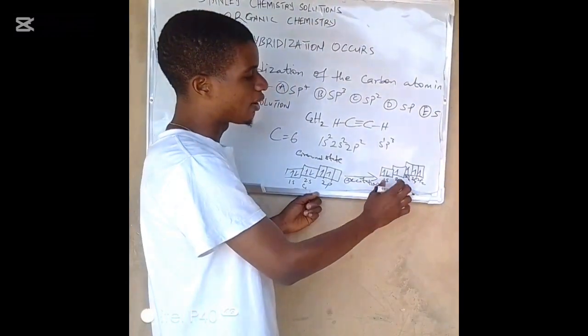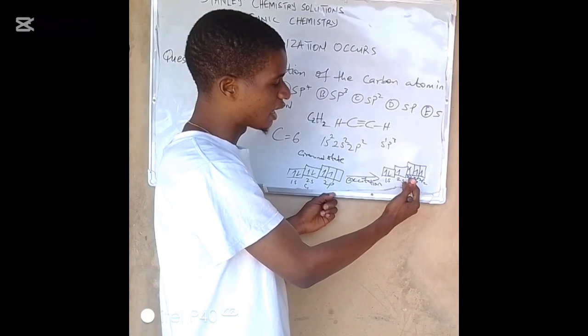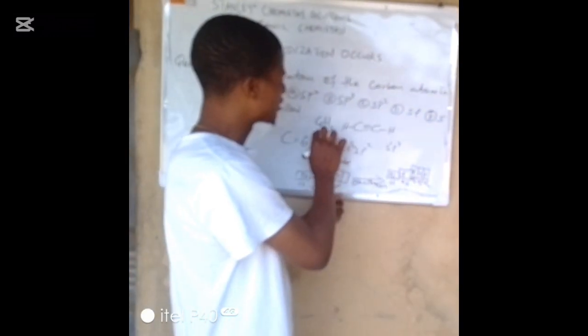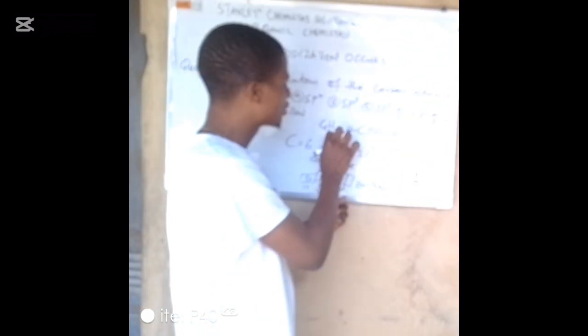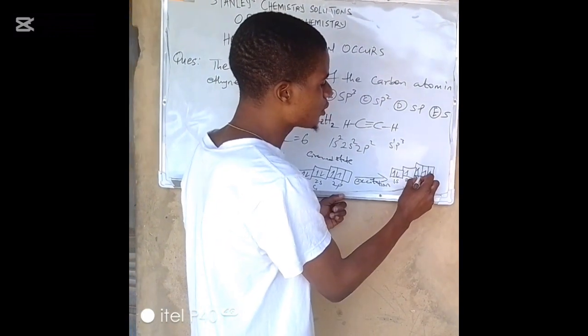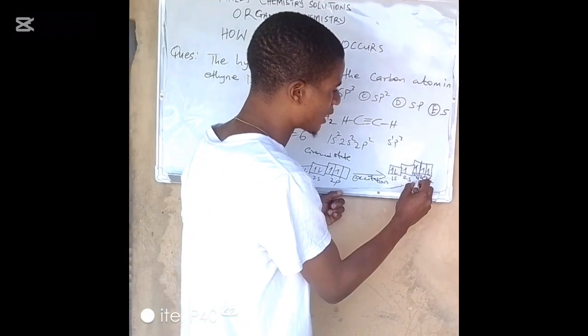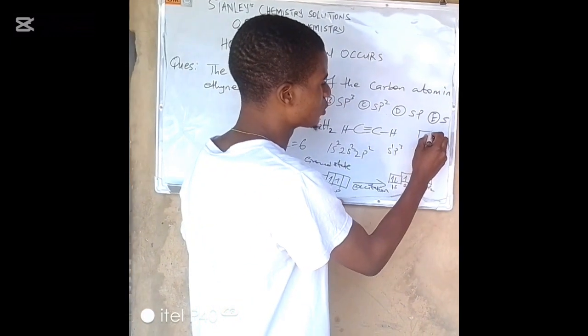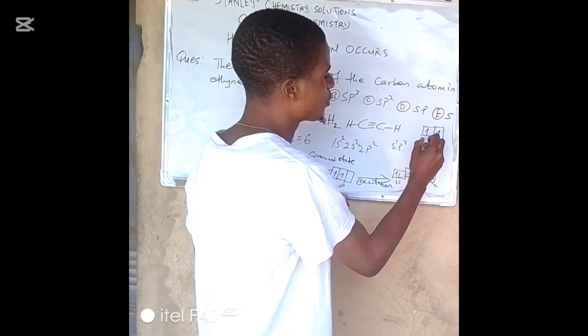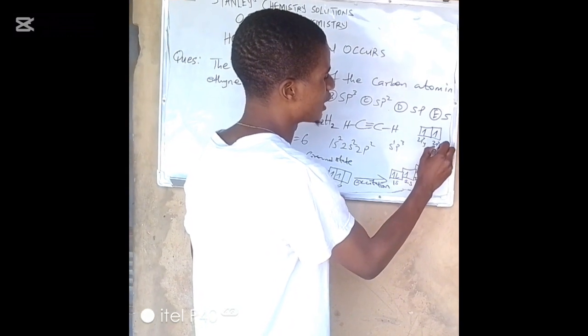Now for a carbon, once you reach this extent, since ethyne is C2H2, 2 hydrogens are needed, so 2 electrons. So the p orbital will disintegrate into 2, like this. Now this is 2py and this is 2pz.